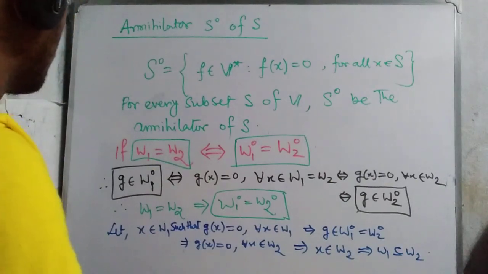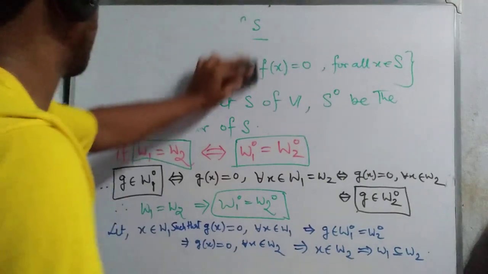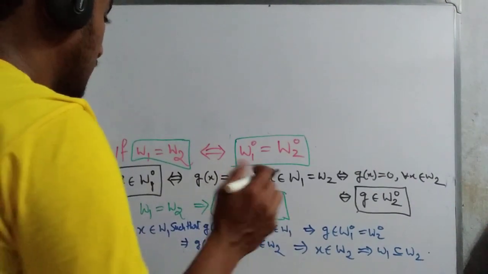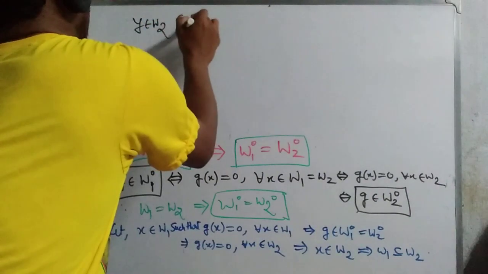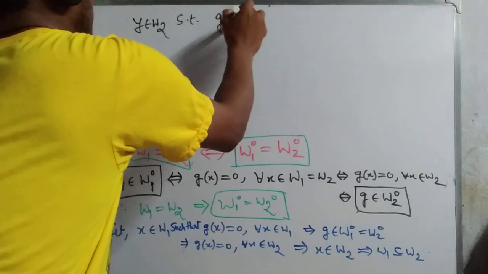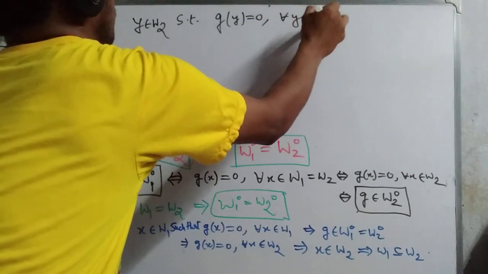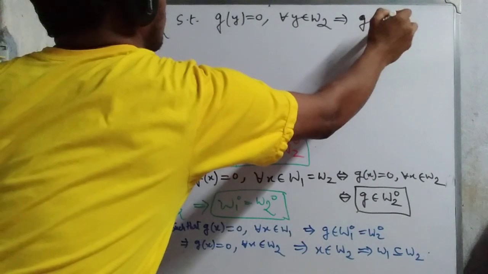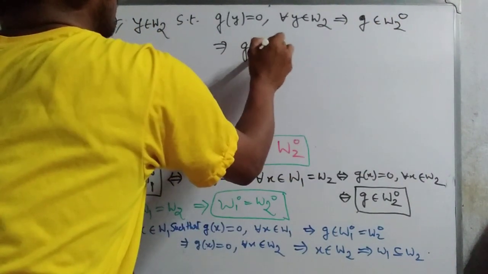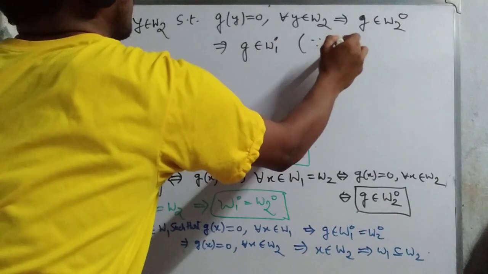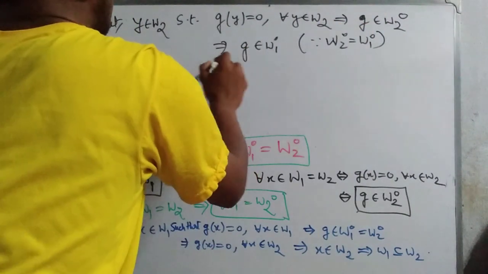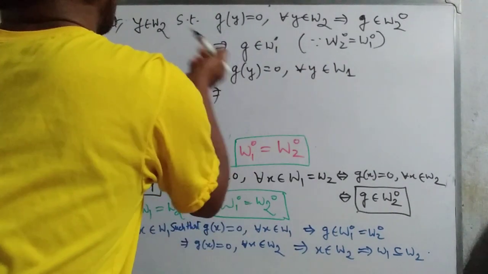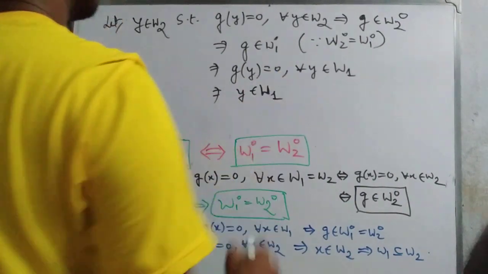Again we erase our portion and then we discuss this one. Let y belong to W2. Then g(y) equals 0 for all g belonging to W2 naught. This implies that g belongs to W2 naught, which again implies g belongs to W1 naught, since W2 naught equals W1 naught. This implies g(y) equals 0 for all g in W1 naught, so y belongs to W1.